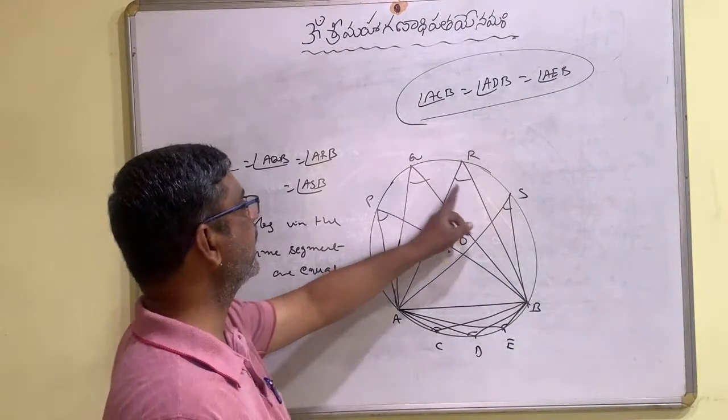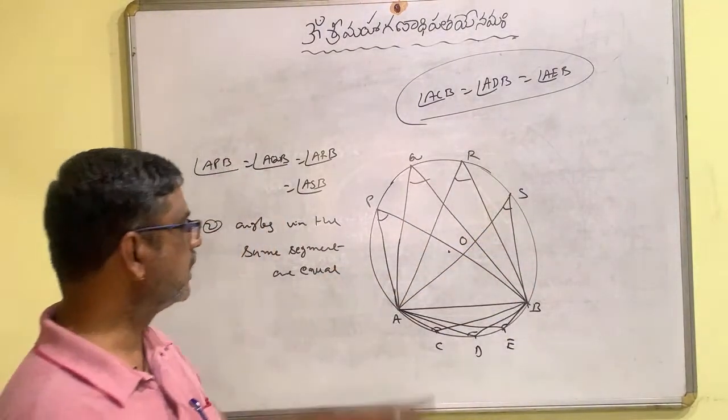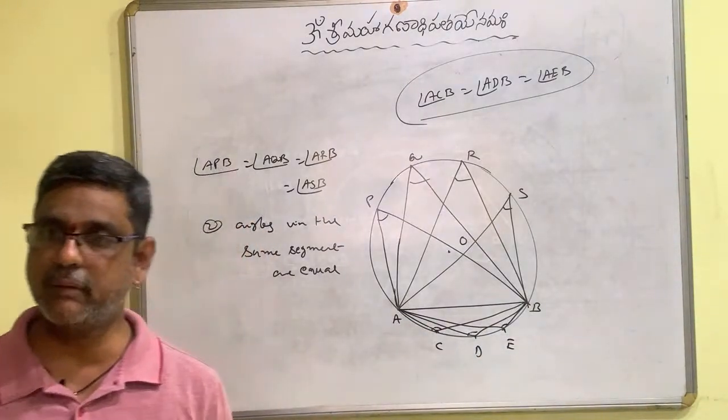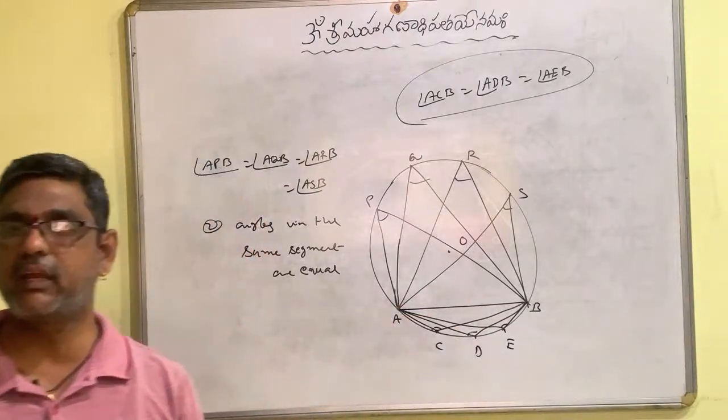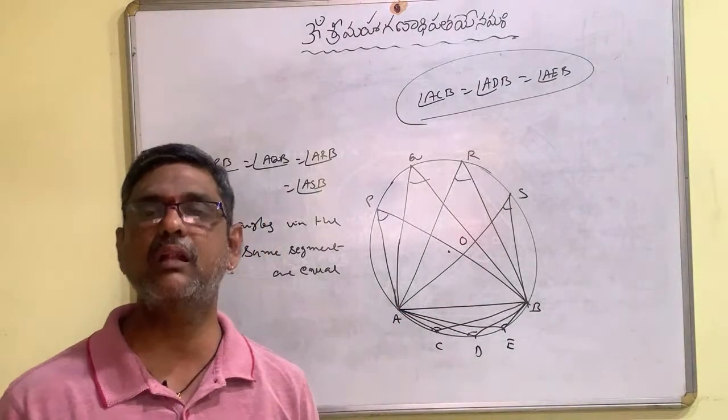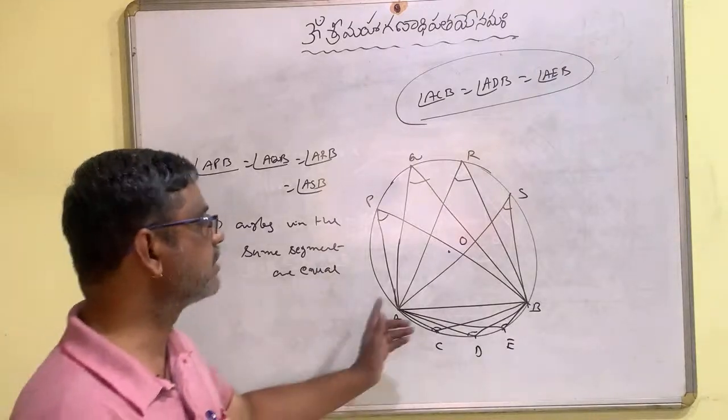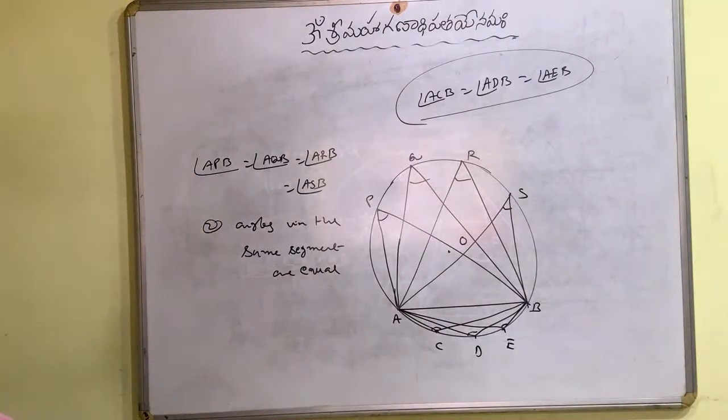Here, these 4 angles are in the major segment and these 3 angles are in the minor segment. So, major segment angles are equal and minor segment angles are equal because they are all subtended by the same chord AB. Okay na?